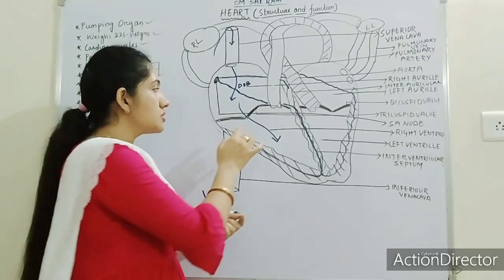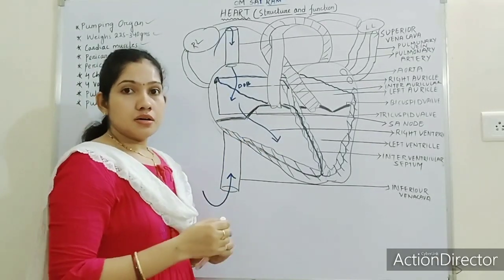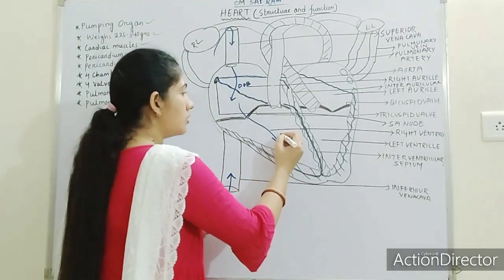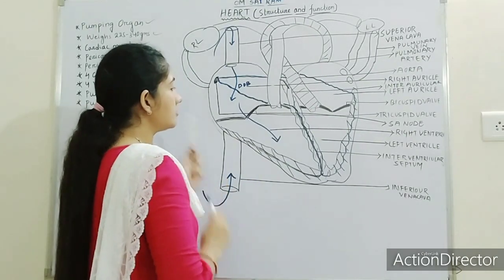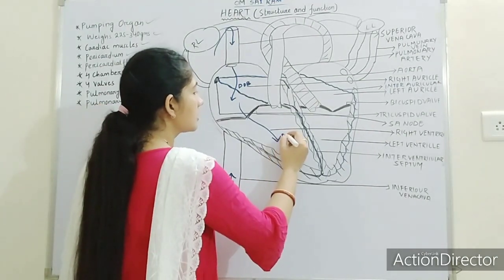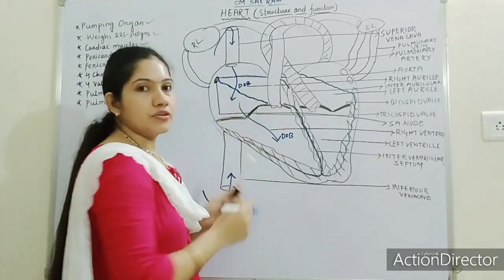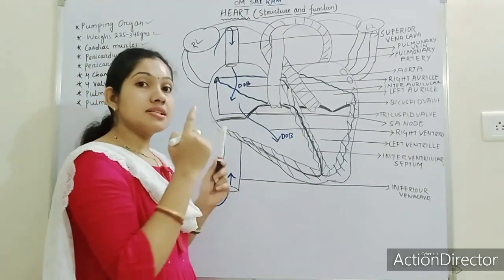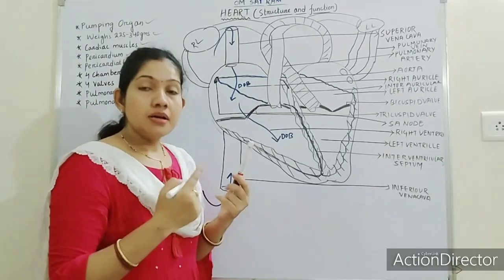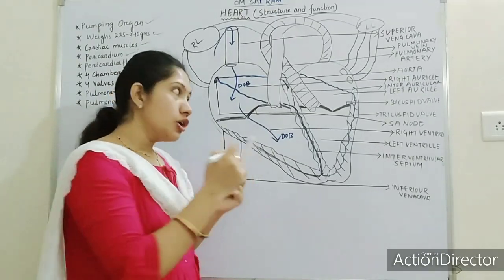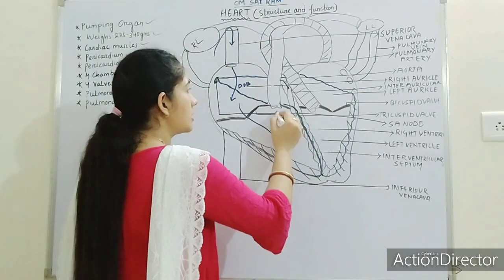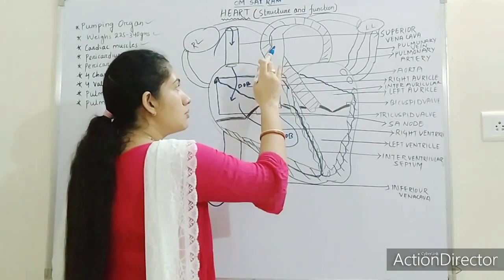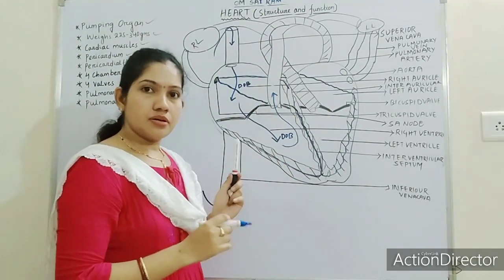Got it? So now we have the deoxygenated blood in the right ventricle. Now this right ventricle will pump the deoxygenated blood to, here you can see, the pulmonary artery. Got it?